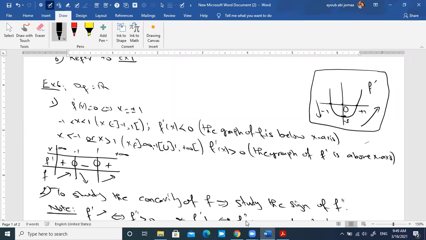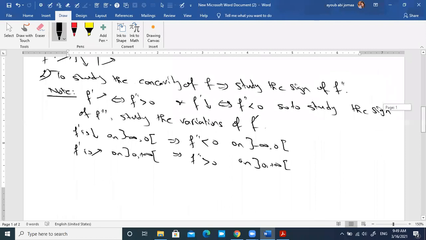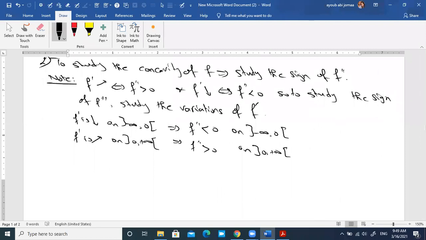Here we have a minimum at 0, f double prime at 0 equal to 0, since f prime has a minimum at 0.